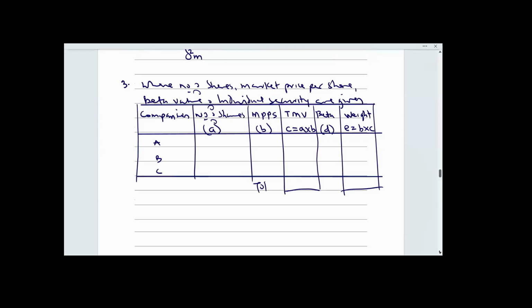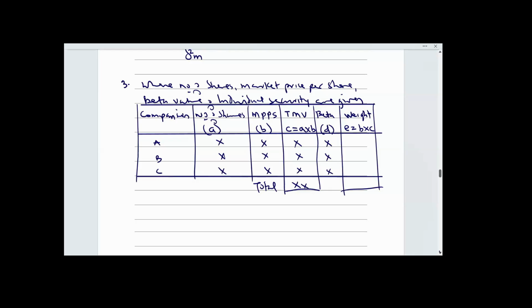So here will be total. The number of shares of each security will be given to you. Market price will also be given to you. To get the total market value, you multiply the number of shares with the market price per share. The beta value of individual security will also be given to you.